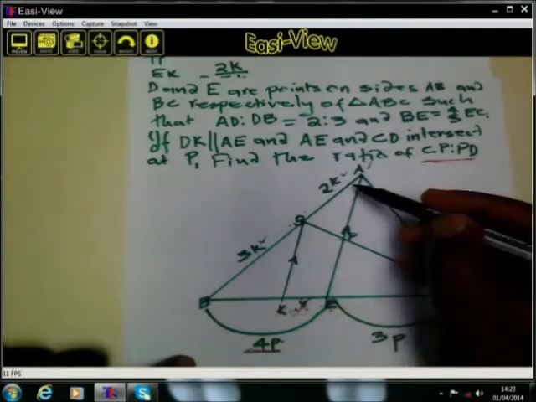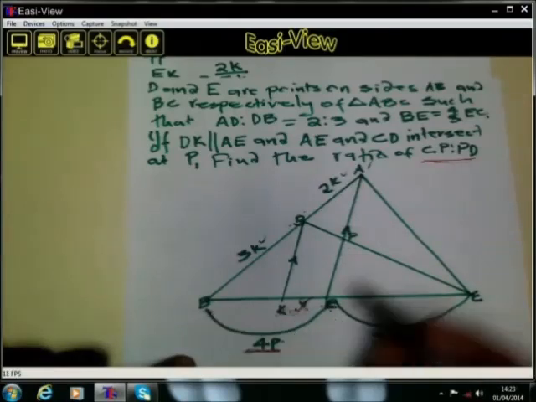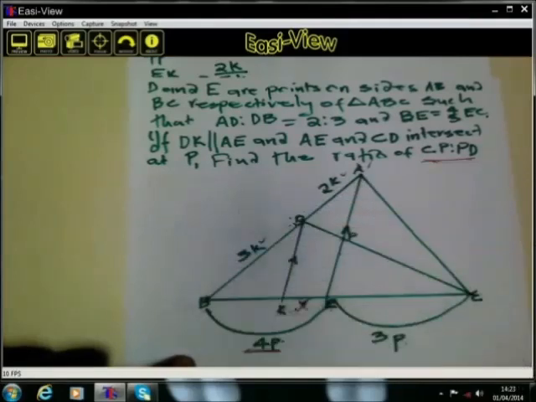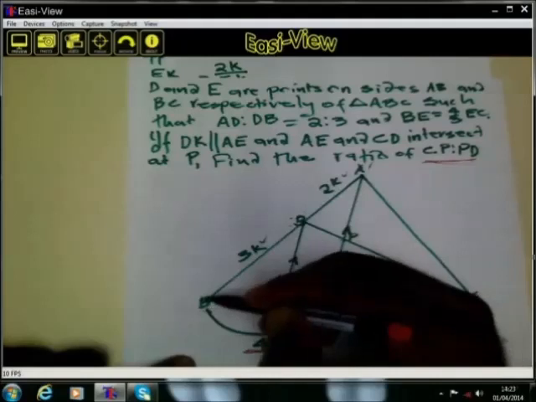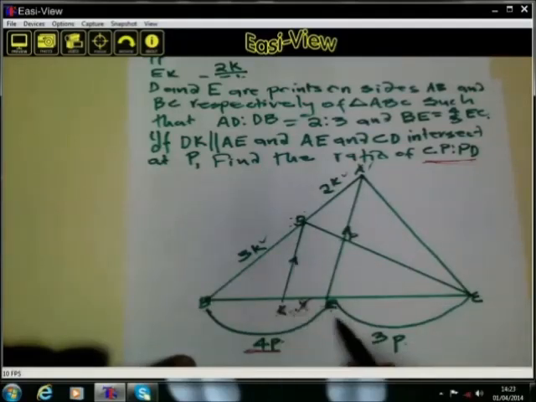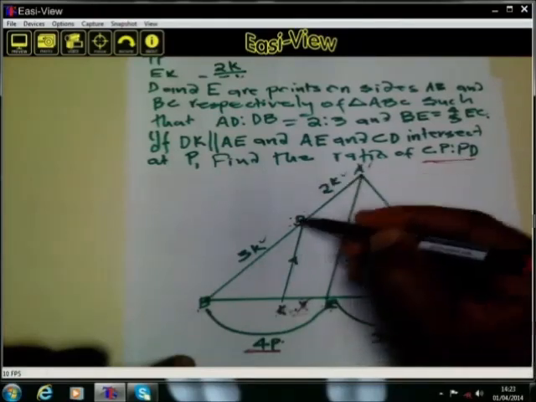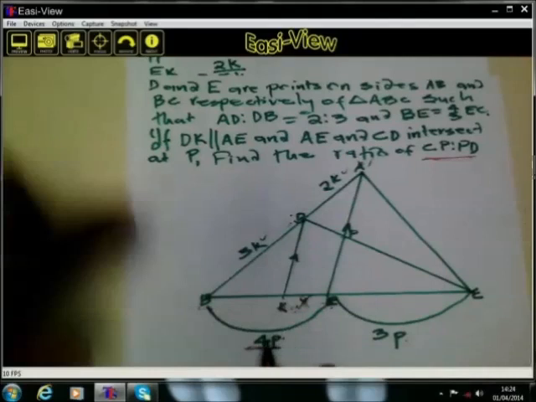So if we take EK over EB, it must be AD over AB. I'll repeat, AD over AB, because we have said EK over EB. That is what we should represent.